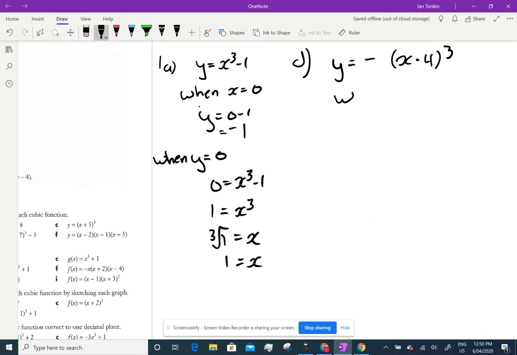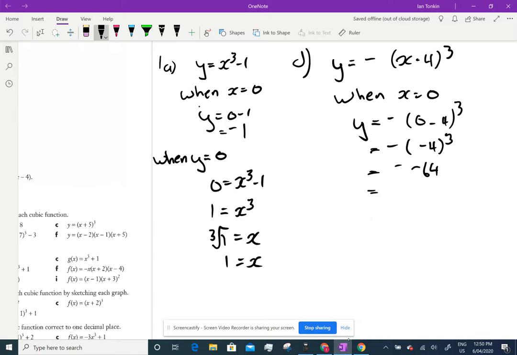Well, when x equals 0, I get y equals negative 0 minus 4 cubed equals negative 4 cubed. Negative 4 cubed is negative 64, and I've got a negative out the front, so it's positive 64. Hopefully you would have done that on your calculator.